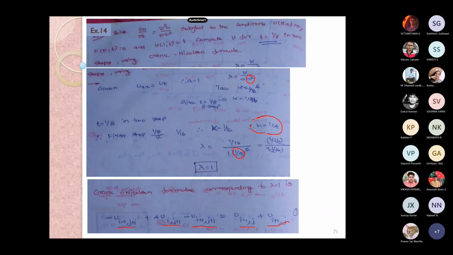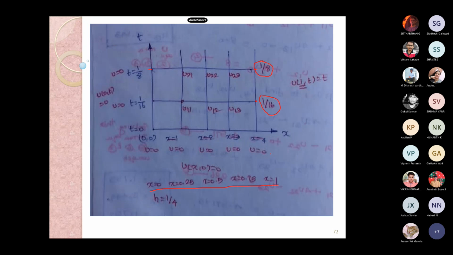The h value is accounted in terms of x. So x is equal to 0 here and x is equal to 0.25 here. Since u of x comma 0 doesn't have any value on the RHS, we are not bothered about this x value.